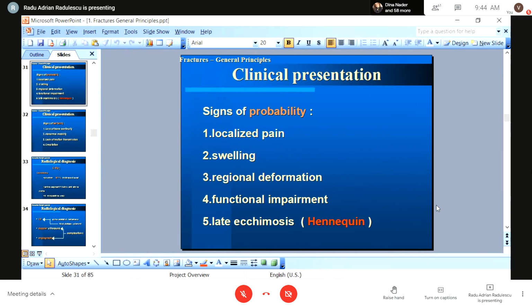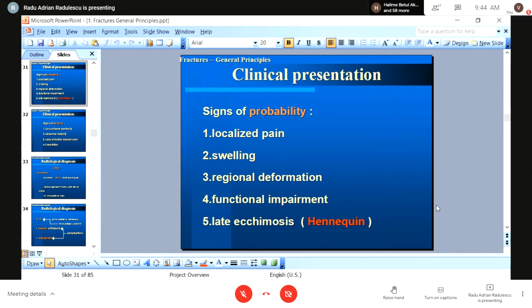Then the swelling. So that segment of the limb will be bigger than the contralateral part, which is healthy. So if we examine by comparison the damaged part of the limb with the normal one, we'll observe only by simple inspection that that part is swelled.